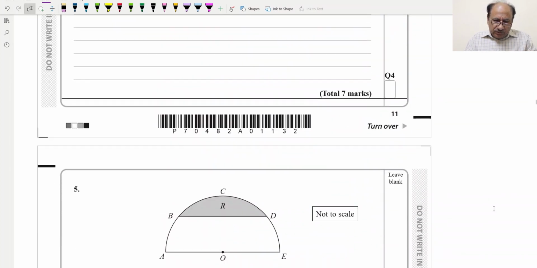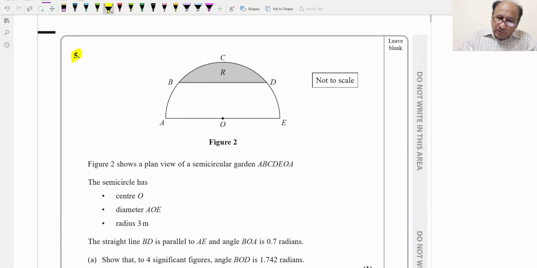Now we can move to the next question. Question number 5. Diagram is not to scale. Figure 2 shows a plan view of a semicircular garden ABCDEOA. The semicircle has center O. Center is this one. Diameter is AOE. So this is the diameter.